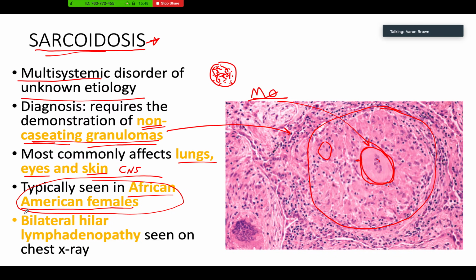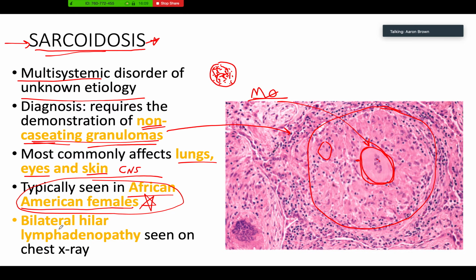So much so that when I was in medical school, this was the joke, that the question starts like this: African American female presents, and then you stop reading there and select sarcoidosis, right? So that's not actually the case. You need to read the rest of the question, but in general, they will always tell you it's an African American female. Okay.